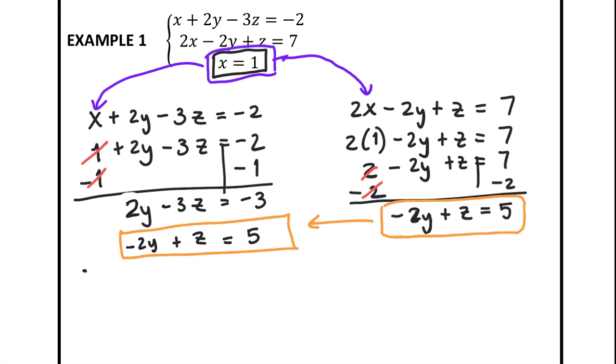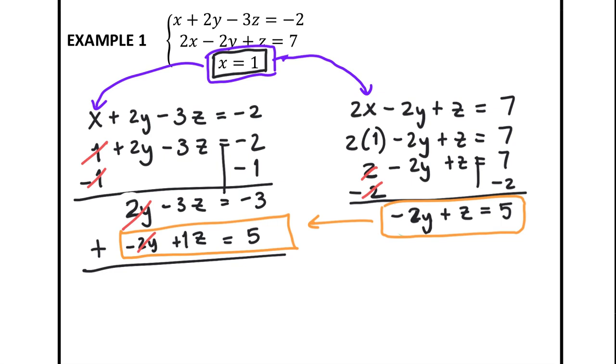And then I want to add these two equations. So I'm going to add vertically. So here, what's 2y plus negative 2y? 2y plus negative 2y, that's going to cancel. Then what's negative 3z plus z?